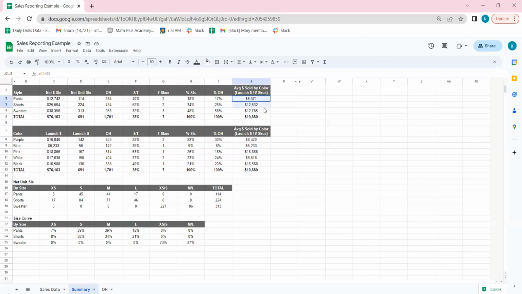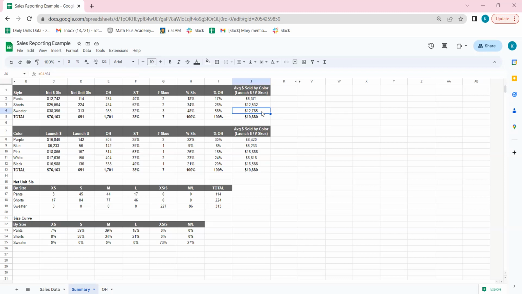And what I really like about the average dollars sold by style and color is that you can see that you have 3 SKUs in the sweater. So your sales dollars are going to be higher. But if you actually look at how much each SKU performed, or each style color performed, you can see here that the sweater across the 3 colors that it was offered in sold almost 13,000 by style or by color.